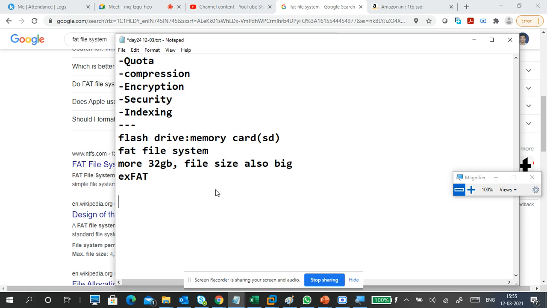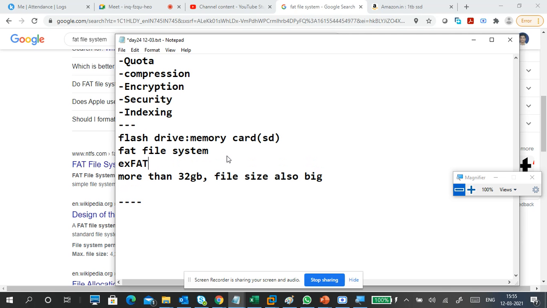in exFAT. One more file system is introduced, better.